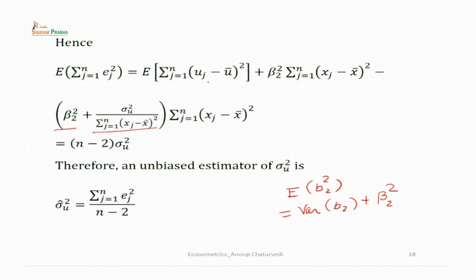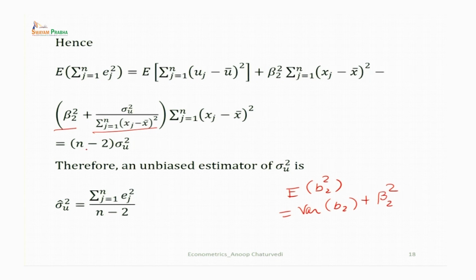You take expectation of this term, which is equal to n minus 1 times sigma square u plus beta 2 square. You get this term, but this term cancels out because here you get minus beta 2 square summation x j minus x bar square. So, you get minus sigma square u, and again this term cancels out.